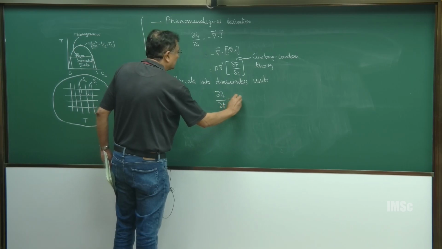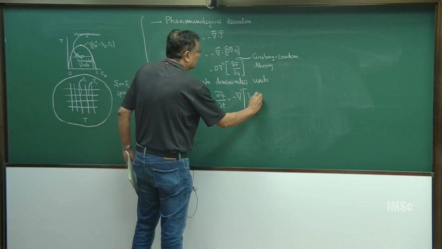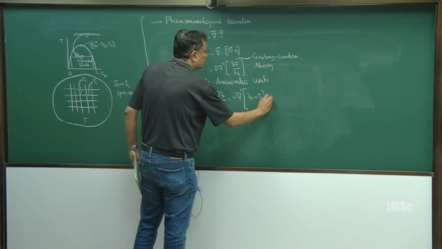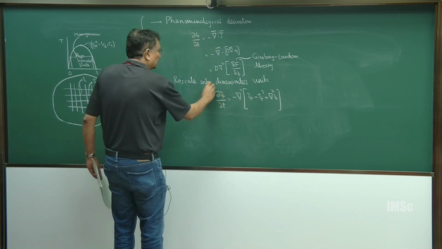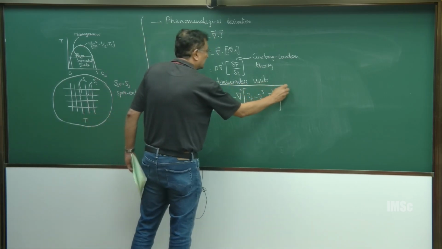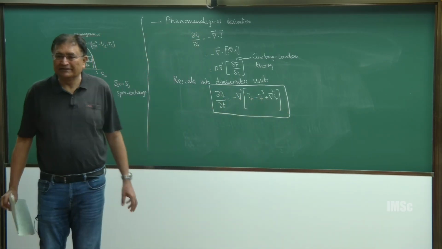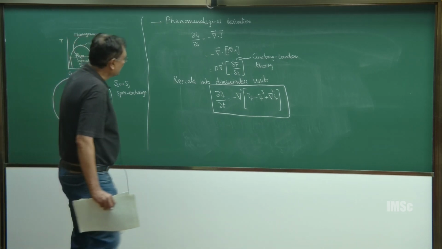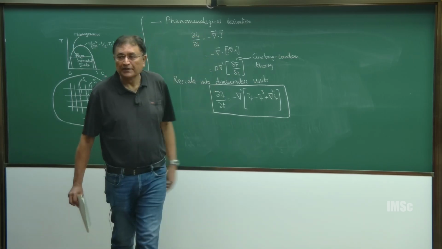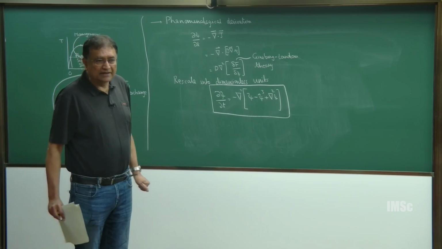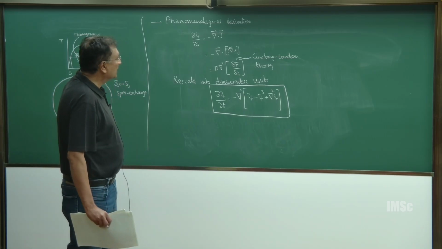Del psi by del t is equal to minus del squared of psi minus psi cubed plus grad squared psi. Okay. Let's put this in a box. And what you have in brackets is simply the corresponding TDGL equation term. The extra del squared comes from this one being conserved. Okay. So that's where the extra del squared comes from. And this is the basic equation if you want to study it. And obviously now the question is how you will study it.